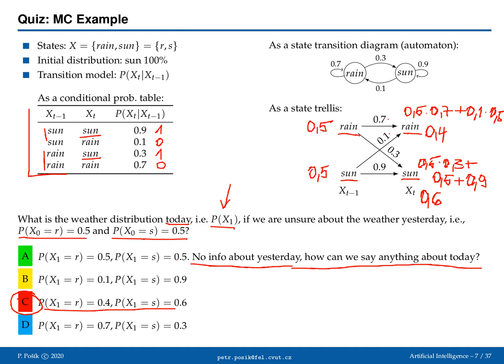So even if you have no information about yesterday, this conditional probability table here gives you basically a complete information about the state today. Yeah, so this does not actually hold in general. If you have a sufficiently informative transition model, you can say quite a lot about the weather today.